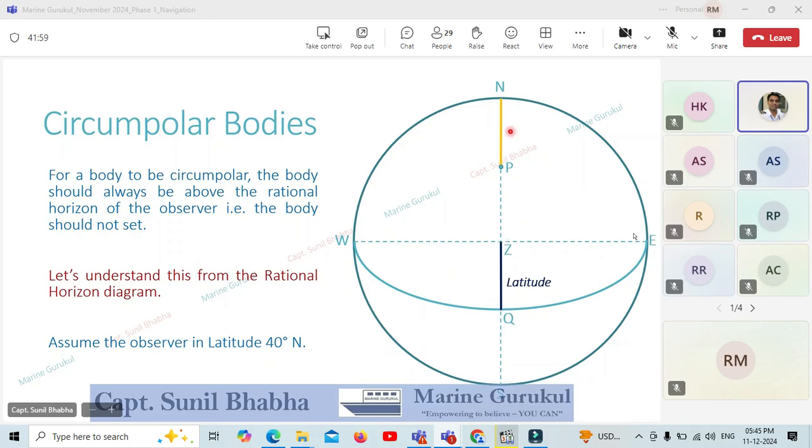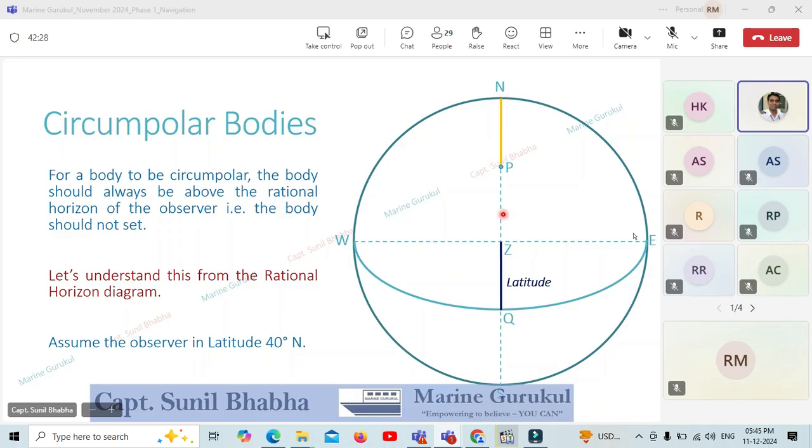Now, the N point is 90 degrees away from the Z point, the zenith, because every point on the rational horizon is 90 degrees away from the zenith of the observer. Similarly, the P point, which represents the pole, is 90 degrees away from the Q point, which is the equinoctial. So P to Q is 90 degrees, that is pole to equinoctial.